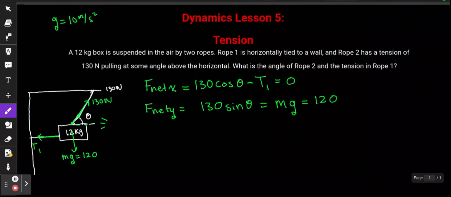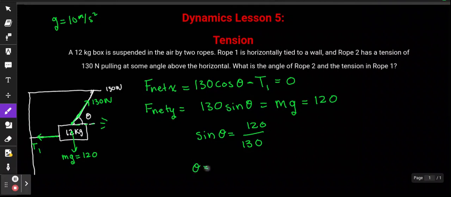So because we simply have 130 sine theta equals 120, we can solve for the theta of rope 2. So sine theta is equal to 120 divided by 130. And isolating theta means taking the sine inverse of both sides.